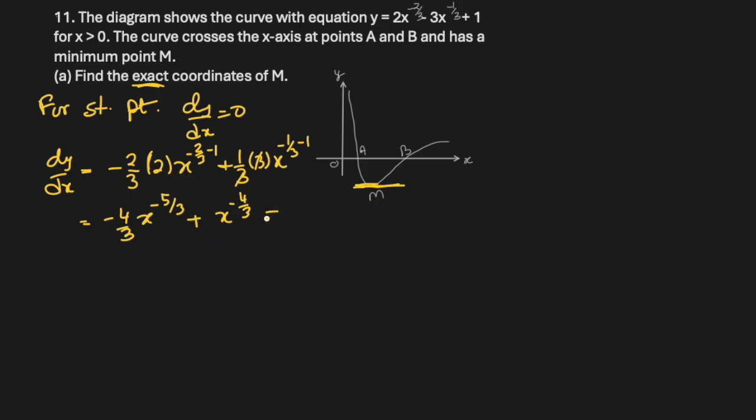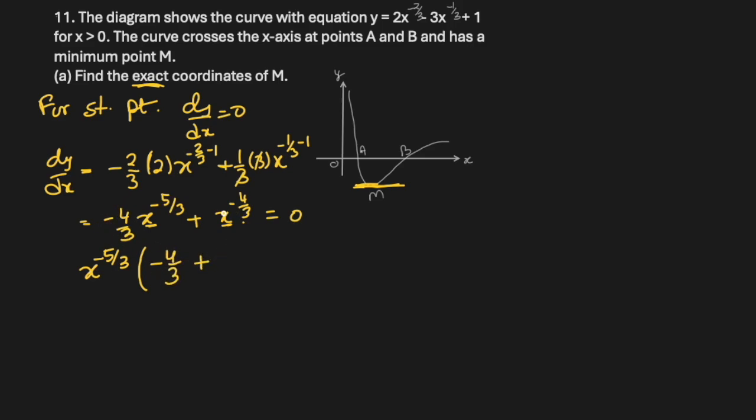Now, this has to be equal to 0 for a stationary point. Now, we can see that both of them have x to the power something. Which one is smaller out of these two? Minus 5 over 3 or minus 4 over 3? Minus 5 over 3 is the smaller, so we'll take it common. So x to the power minus 5 over 3 is taken common, and let's write here minus 4 over 3 is the only number left here.